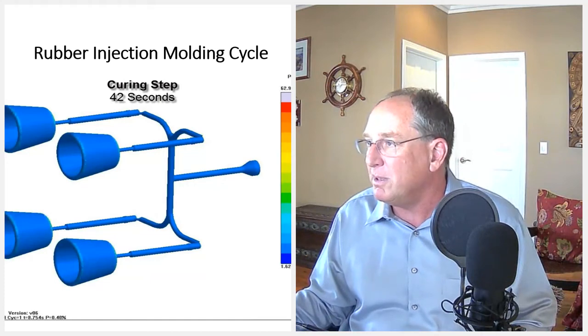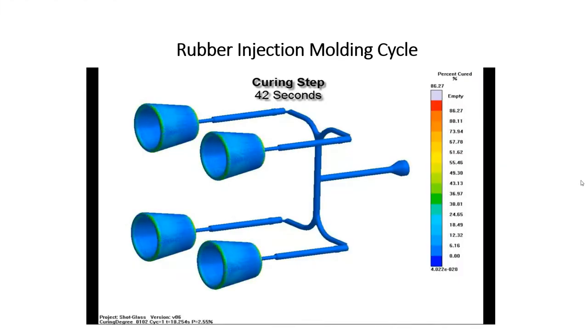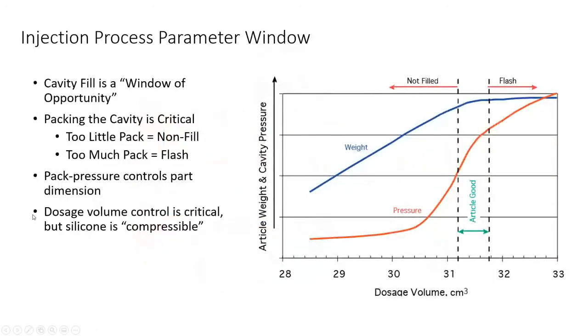The press was following exactly to the second, or even to the fraction of a second, all the things that we see here in terms of percent cured. And we were able to demonstrate, this was around 2012, how material characterization can really gain a lot of information about what's going on in the rubber injection molding cycle. All right. So that's where we're headed.